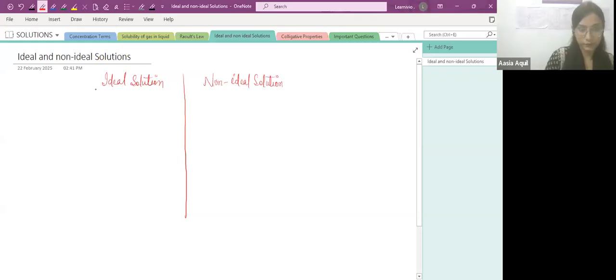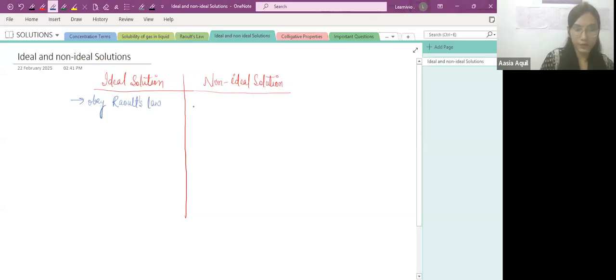Okay, so what are the ideal solutions? Which obey Raoult's law over the entire range of concentration, but the non-ideal ones do not obey.